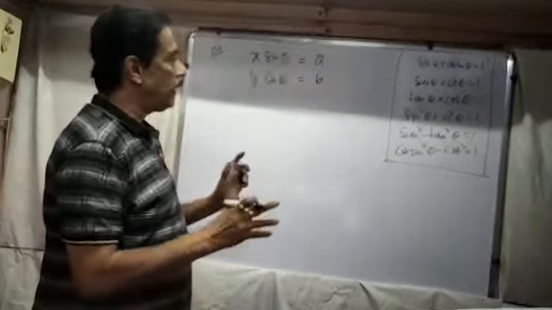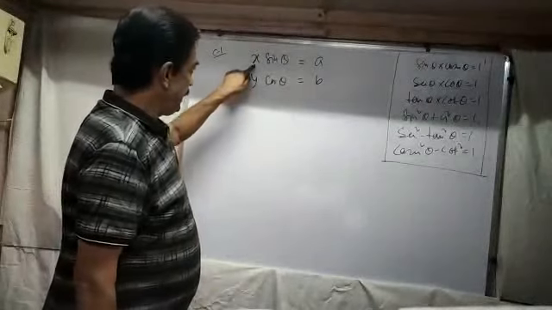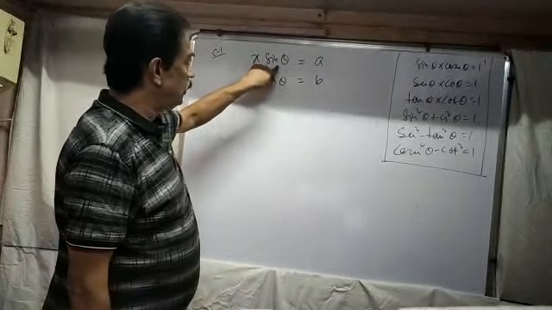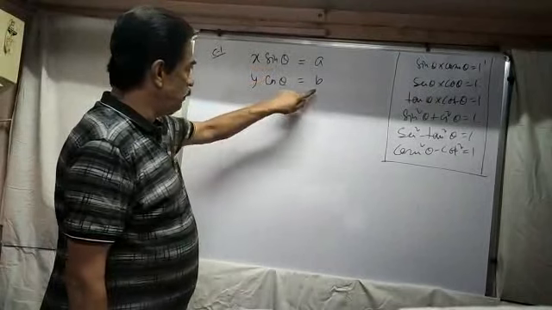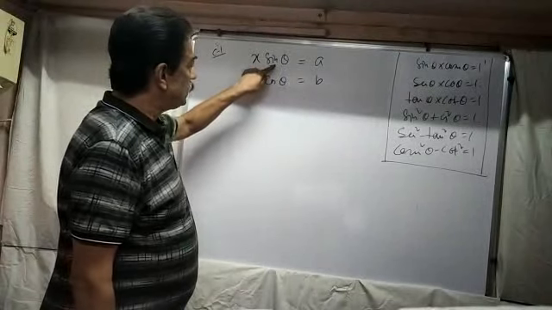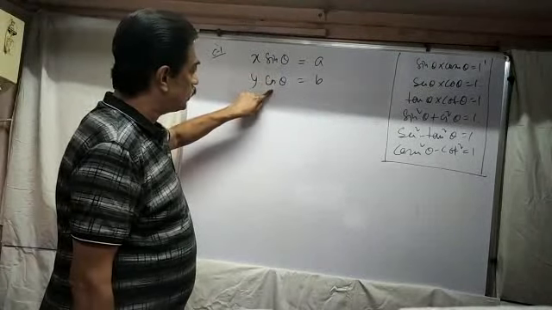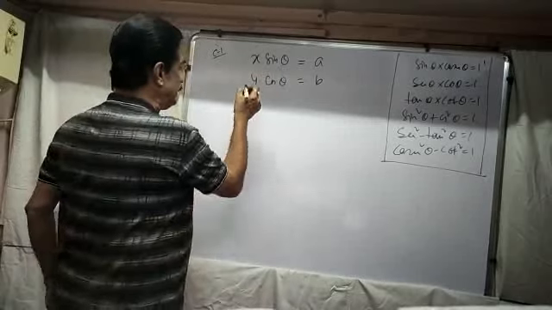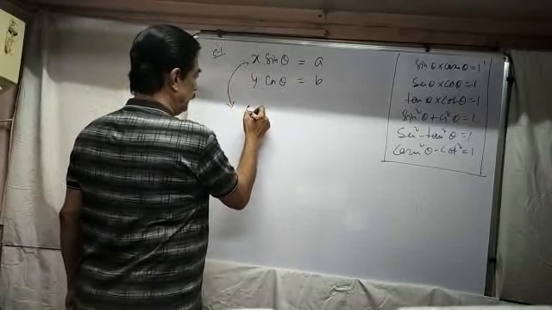So you have to find out the equation in terms of x and y. x into sin theta equal to A, y into cos theta equal to B, and we know sin square theta plus cos square theta equal to 1. So I have to change in this way.